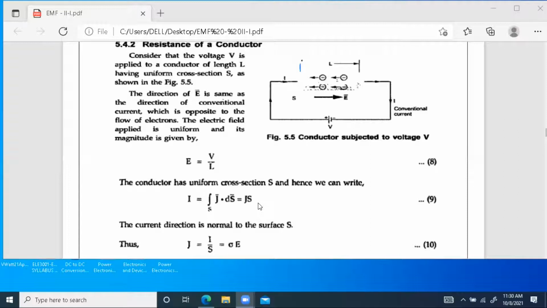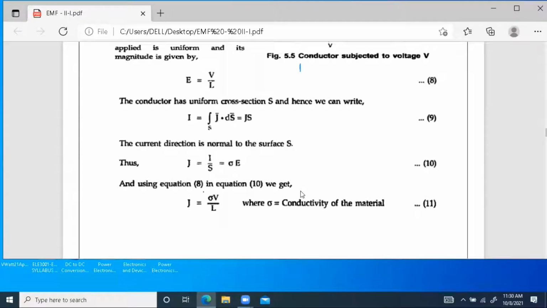So we divide by S: J equals I over S, which is sigma E from above.